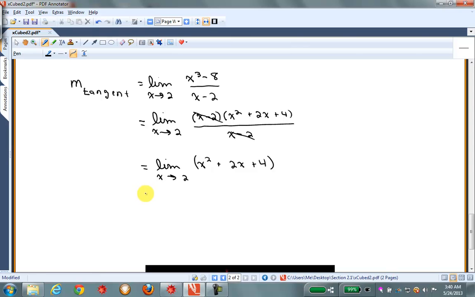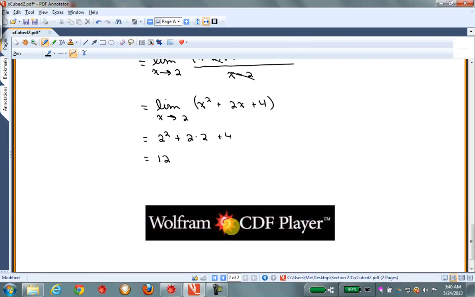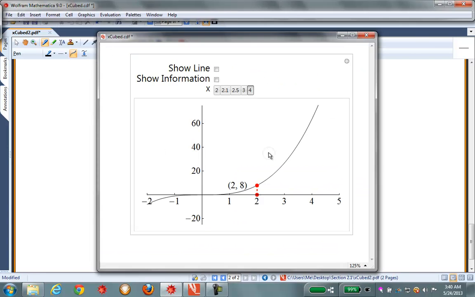Now, as x approaches 2, this is a continuous function, so we can simply replace the x with 2, and this becomes 2 squared plus 2 times 2 plus 4, which is 4 plus 4 plus 4. This limit becomes 12. Remember, we suspected that it was approaching the value of 12, and indeed it was. Let's take a look at the picture of this.